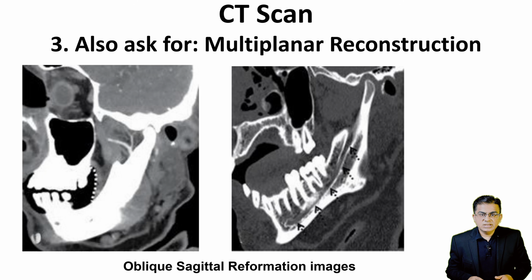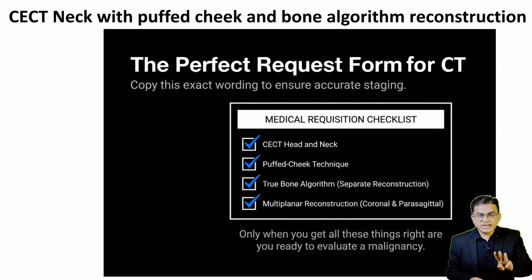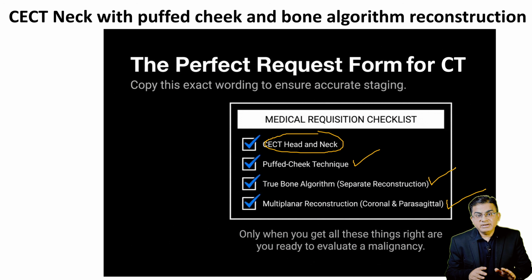So, the bottom line is, when you get all three additional things right, that is, you get CECT done for the head and neck region, number one with puffed cheek technique, two with a true bone algorithm, and third with multiplanar reconstruction, only then you are ready to evaluate a malignancy and you will do a really good job in knowing the true extent of the tumor.